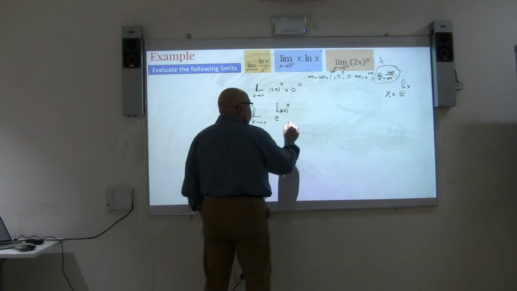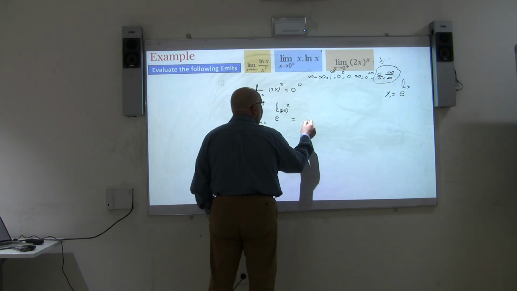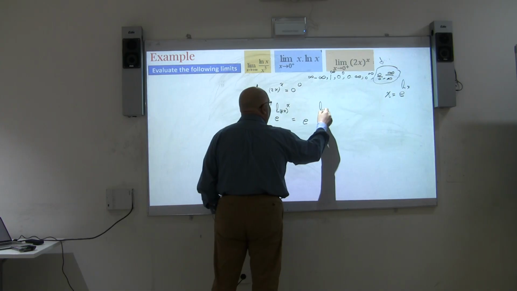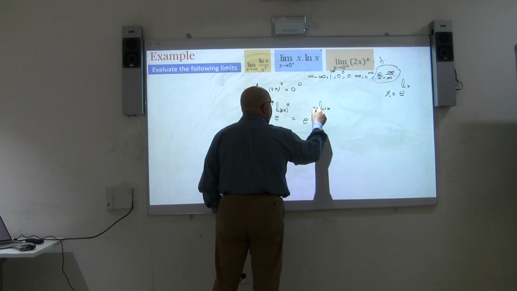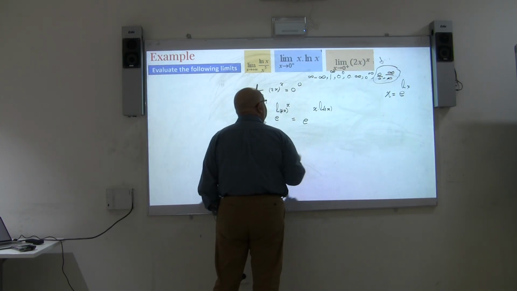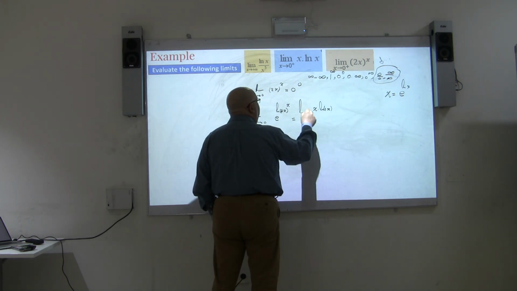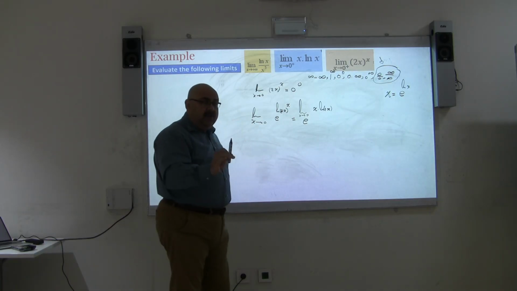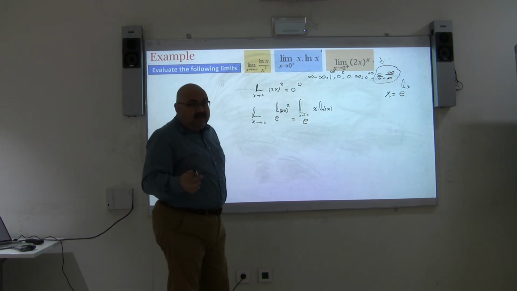So the second step, you know that I can put it in this form, e to the power of ln 2x times x. Am I right? Yes, of course. And the limit will be limit x tends to 0, because the limit acts only on the part that contains x values.